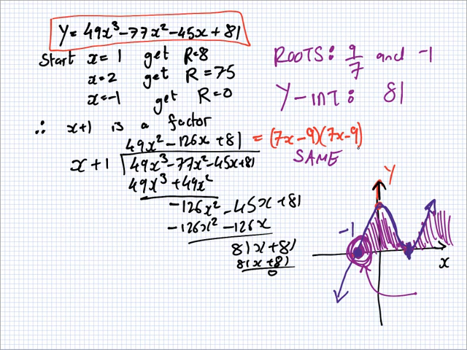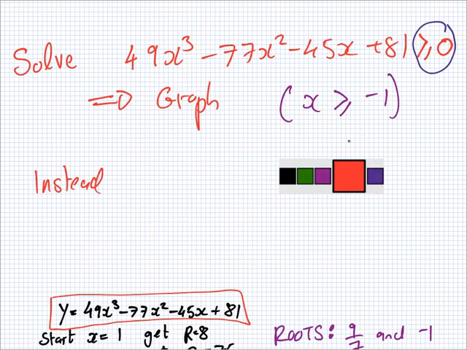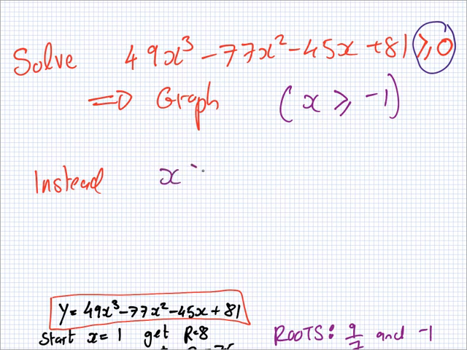It's a 9/7. Oh. Yeah. No, but you got the idea. -1 to infinity, except 9/7, and except -1. So you would say x bigger than -1 and x not equal to 9/7.